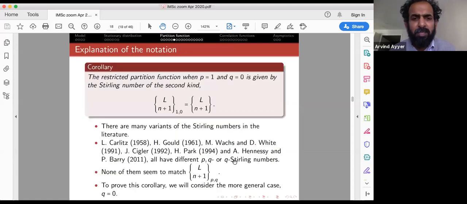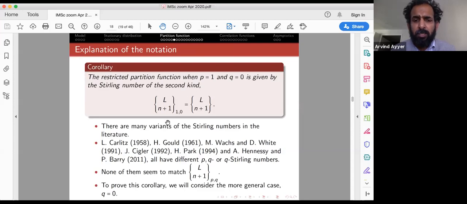So why did I introduce this notation? Because if I take the special case p equals 1 and q equals 0, in which case the tracer particle only performs totally asymmetric motion, then the restricted partition function is the Stirling number. So there's a somewhat unexpected connection.